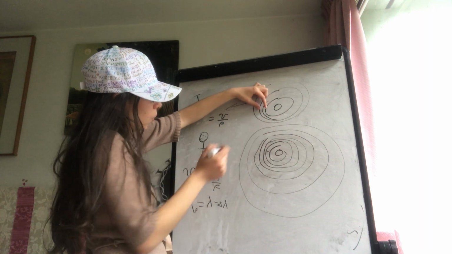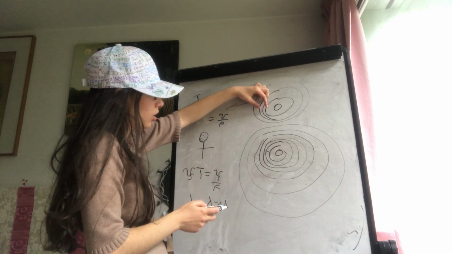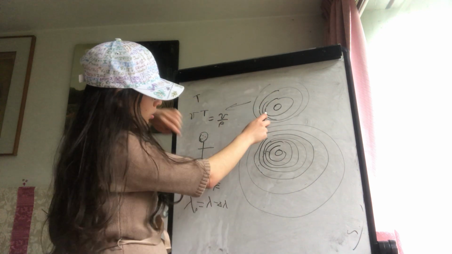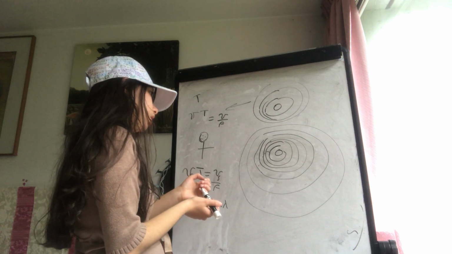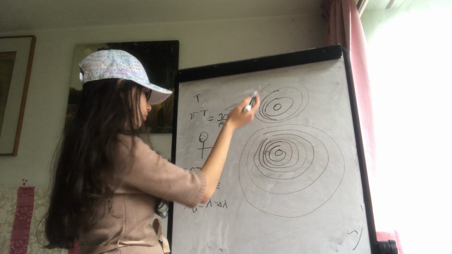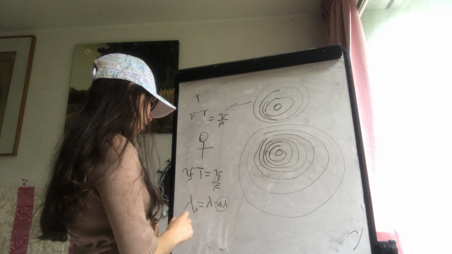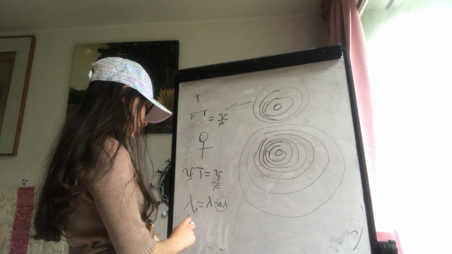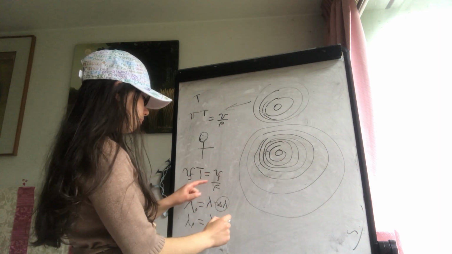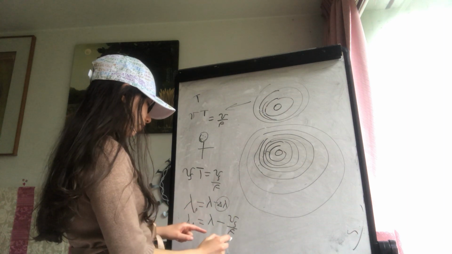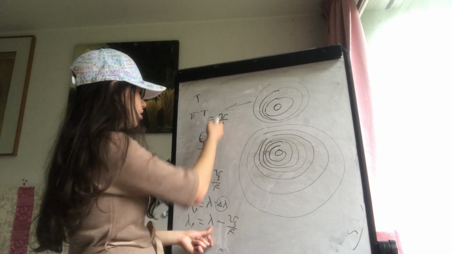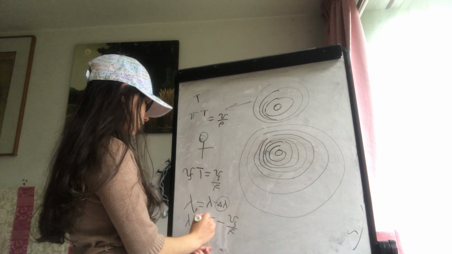So the wavelength now is what it was before, this minus that. So there is a new wavelength from here to here. So lambda is lambda minus this, that is v sub s divided by f.